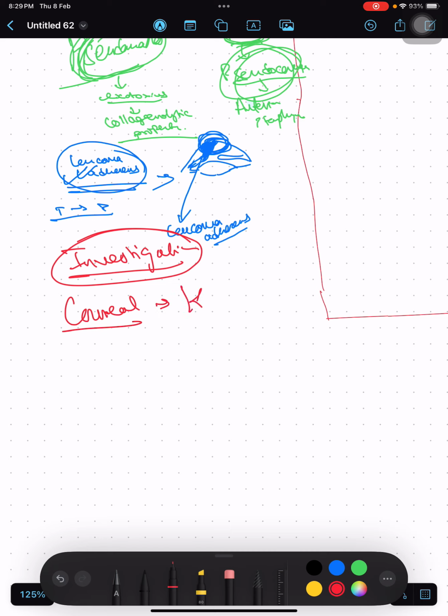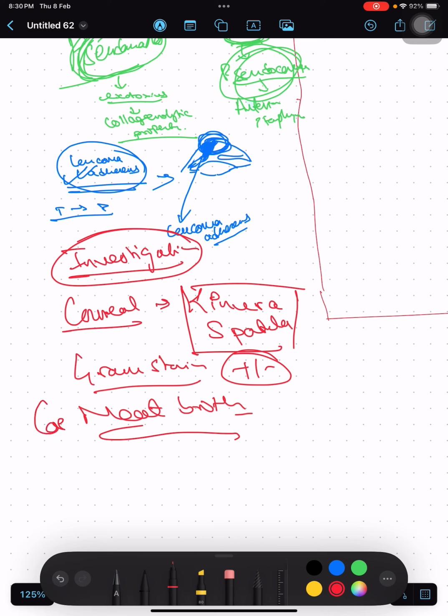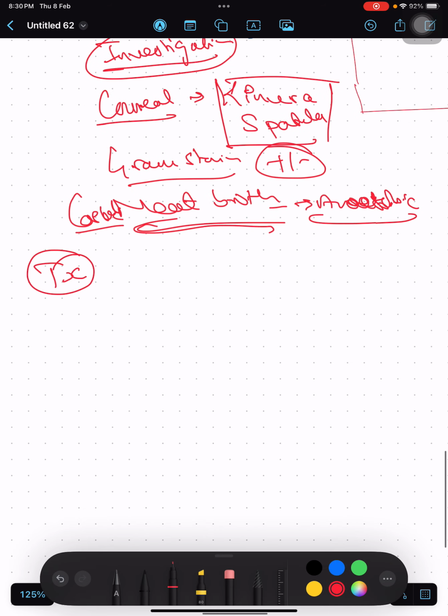But in cornea, we use a cornea spatula, and with the help of this spatula we are going to scrape the cornea. And we are going to go for a gram stain, gram positive or negative. We can go for a cooked meat broth, which I've studied in microbiology for anaerobic bacteria. So we'll be talking about treatment and other features in the next video.